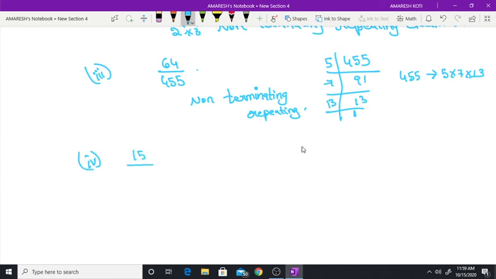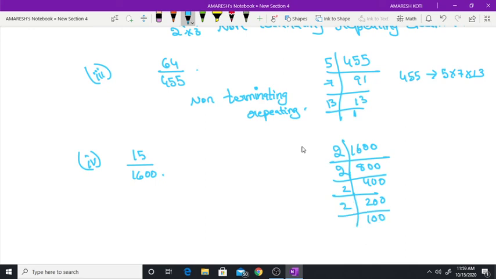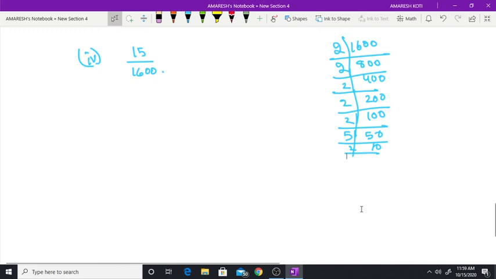Fourth sum is given like 15 by 1600. So 1600 can be written as 2 into 800, 400, 200, 100, 50, 10, 2 into 5.